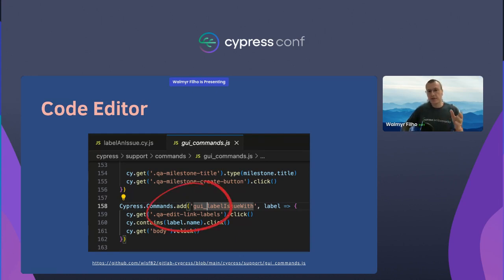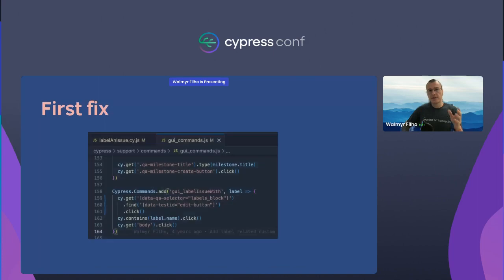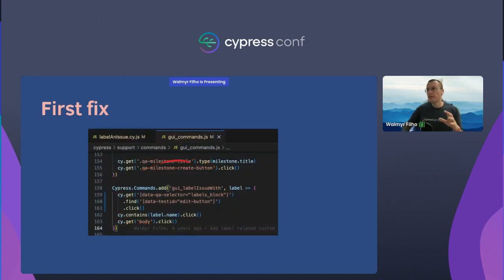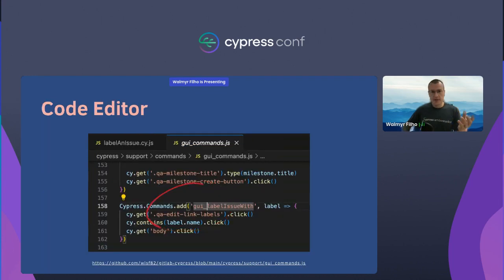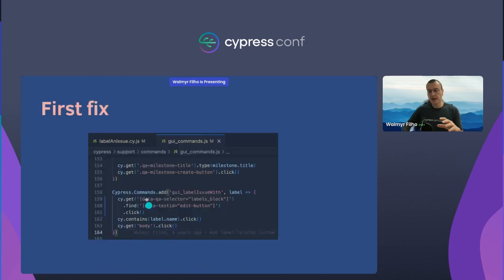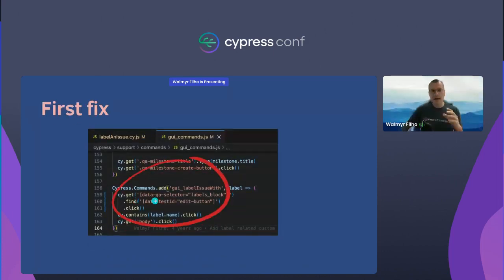And the first fix would be to update the selectors, since this is what had changed in this specific case. So I would update the GUI label issue with custom command. Instead of using this cy.get QA edit link labels class, I would do a cy.get for an element with the data QA selector labels block.